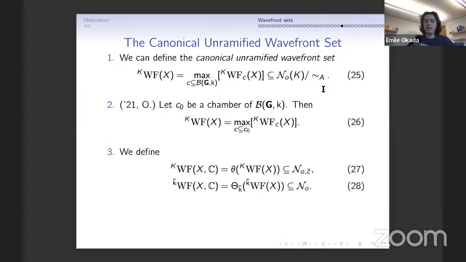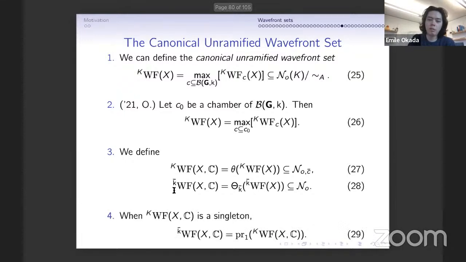And then this new invariant is a refinement of the geometric wavefront set in a very natural way. So if we write C to denote the same invariant, but transferred along using the two identifications I've described, then whenever the canonical unramified wavefront set is a singleton, the geometric wavefront set is just the first component of the unramified wavefront set.